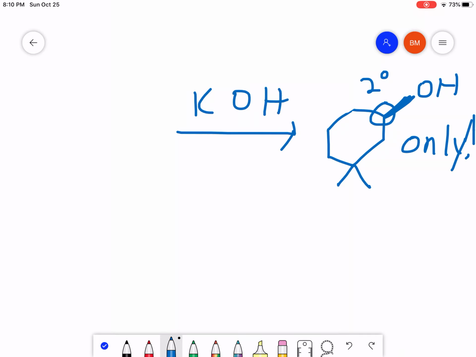Something to give us OH minus. We are going to want a polar aprotic solvent. Let's use THF here, just for funsies. All right, and then we need an alkyl halide.